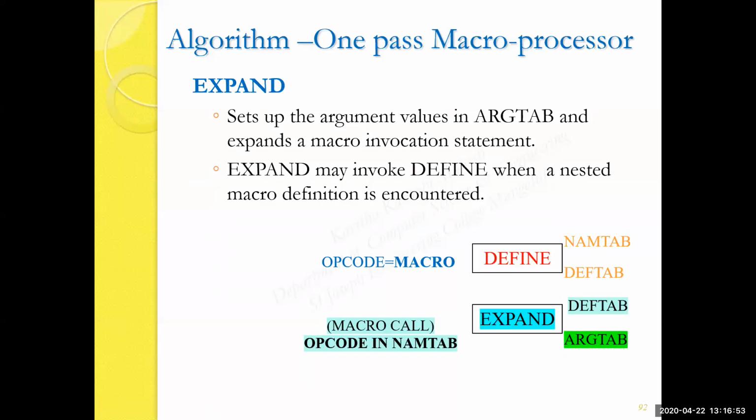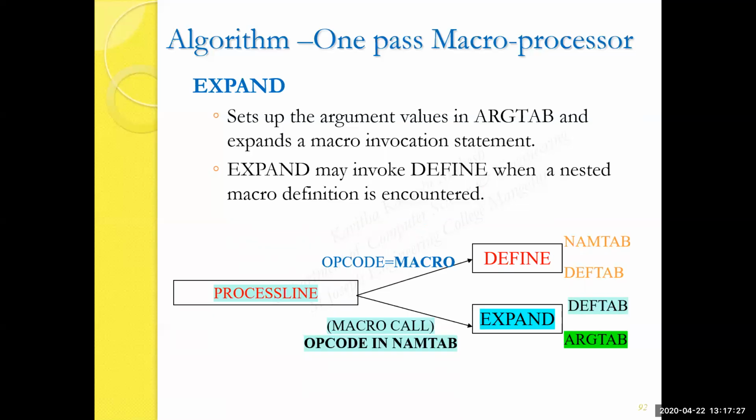The figure below depicts the use of the expand procedure in macro processing, and as with the define procedure, the expand procedure is invoked by the process line procedure, and this happens when the opcode field contains a macro name that is already saved in the name table. So the presence of a macro name in the opcode field, which is also an entry in the name table, indicates a macro invocation statement.